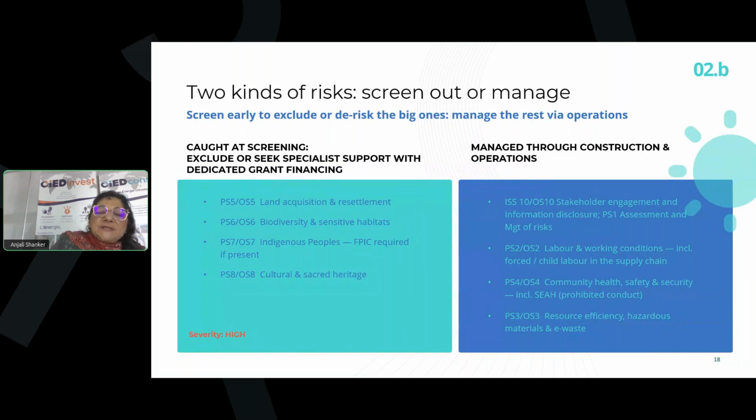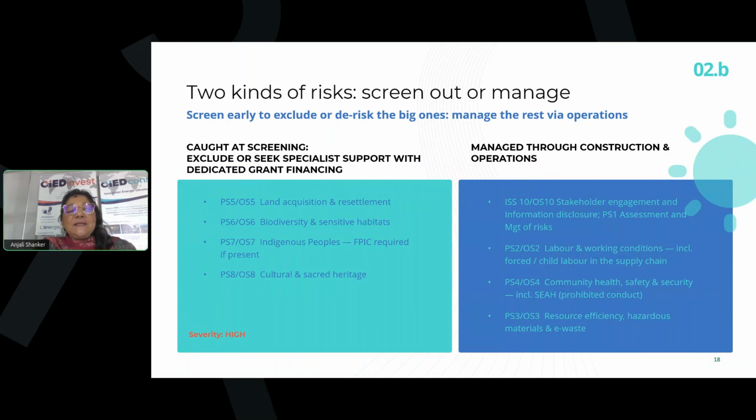In other words, the approach that we propose is a screening approach, meaning that if we find that the risk of a small cluster of mini-grids is too high, we are better off screening them out, or to make sure that we have the resources to manage the risks.